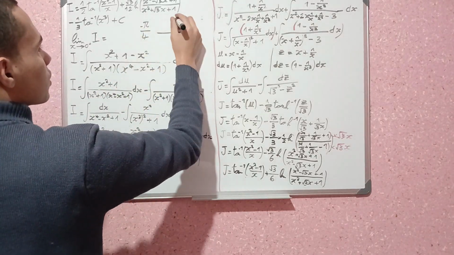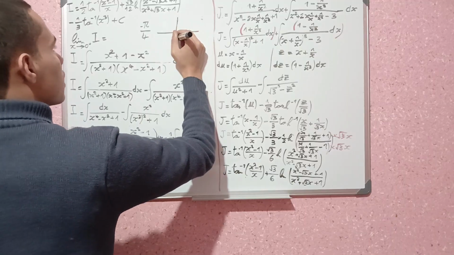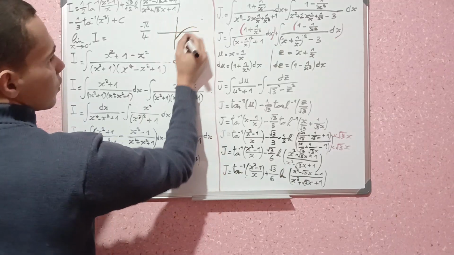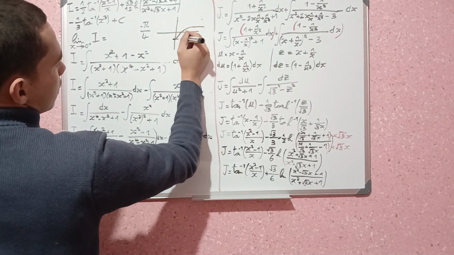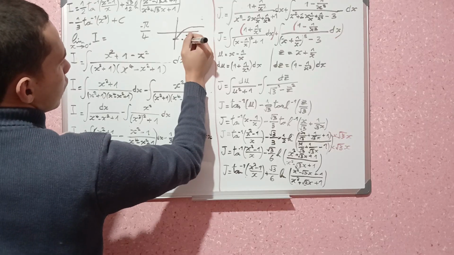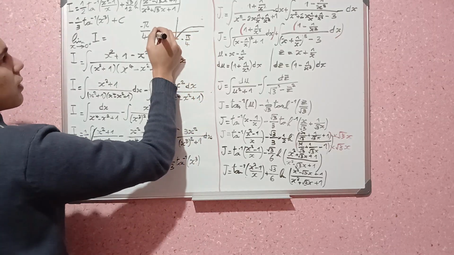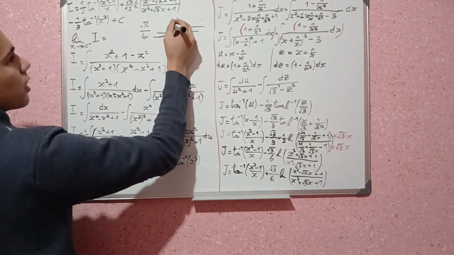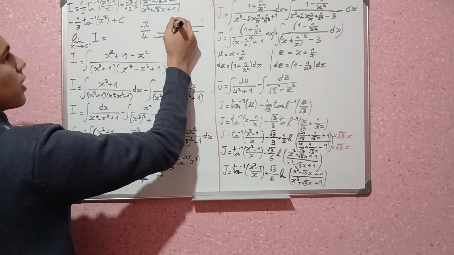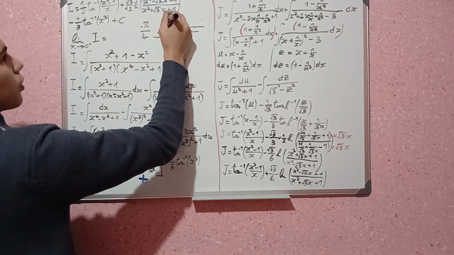So if we look at the graph again, you see that it begins from this. This in fact is minus pi over 4. Same for that. Here in this place is pi over 4.